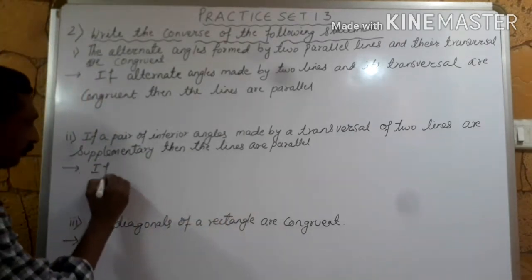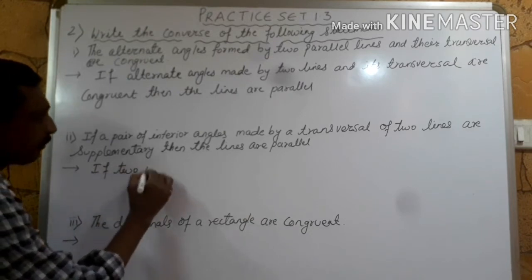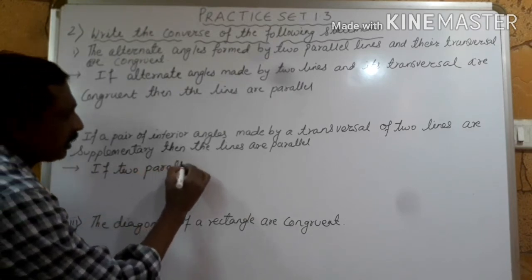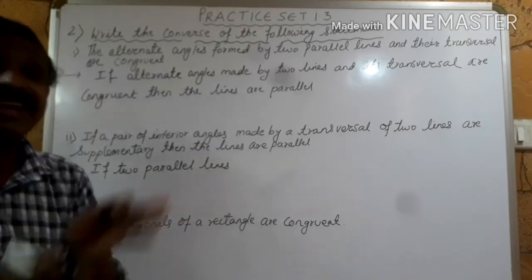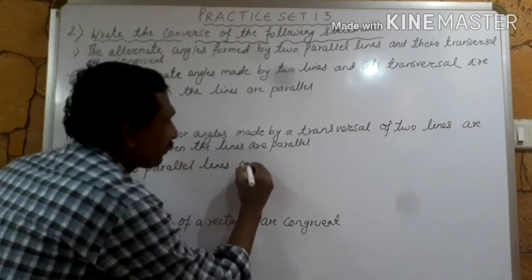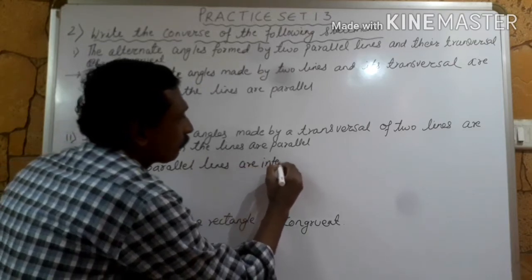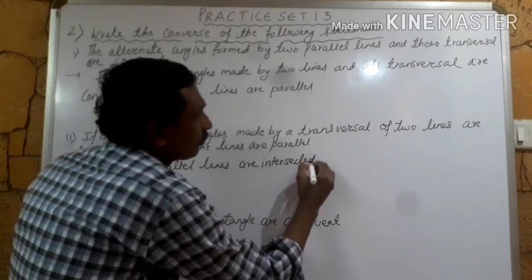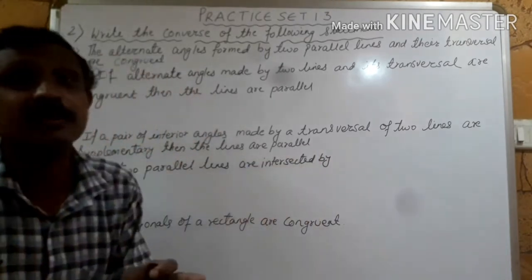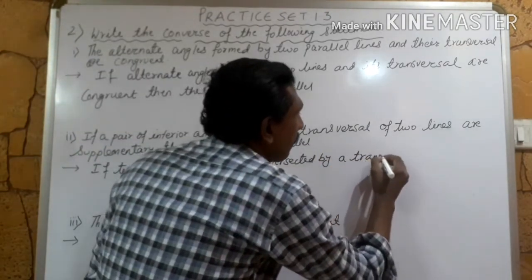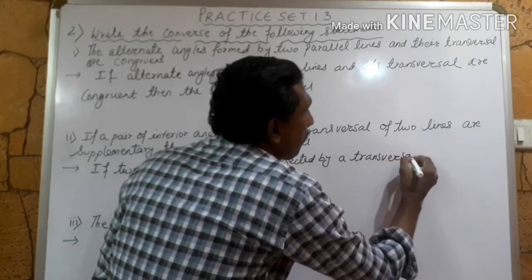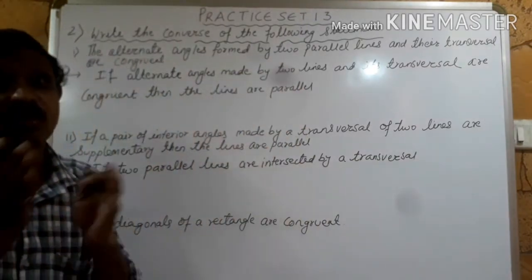If two parallel lines are intersected by a transversal, then what will happen?